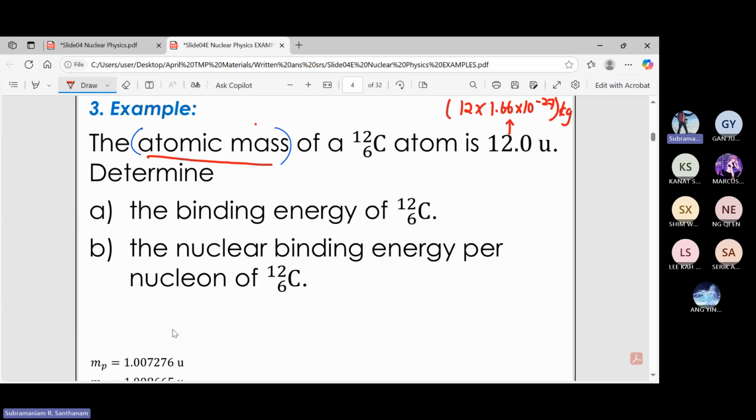Now you need to find the mass for the proton, neutron and electron, because what is given is the atomic mass.